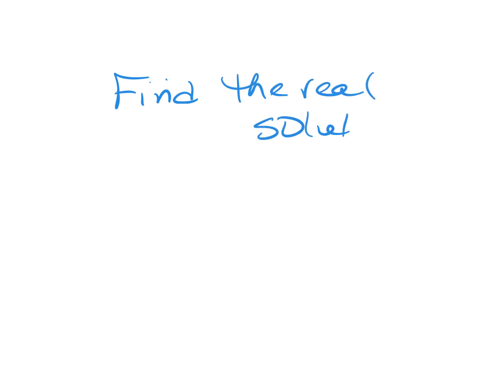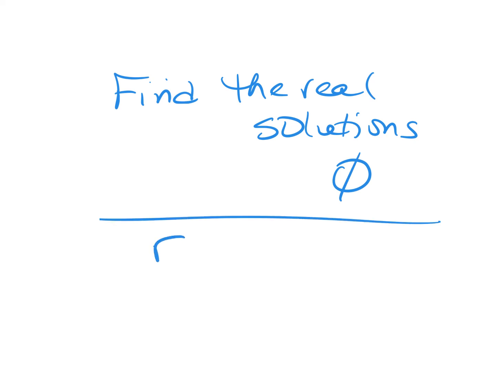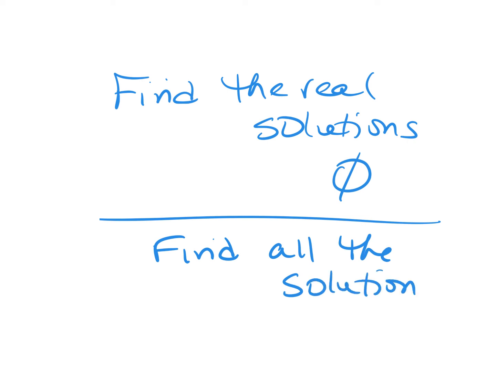If the instructions say find the real solutions, and you get a negative number under the square root, you'll say no solution. But if the instructions say find all the solutions, then we would get an imaginary number.